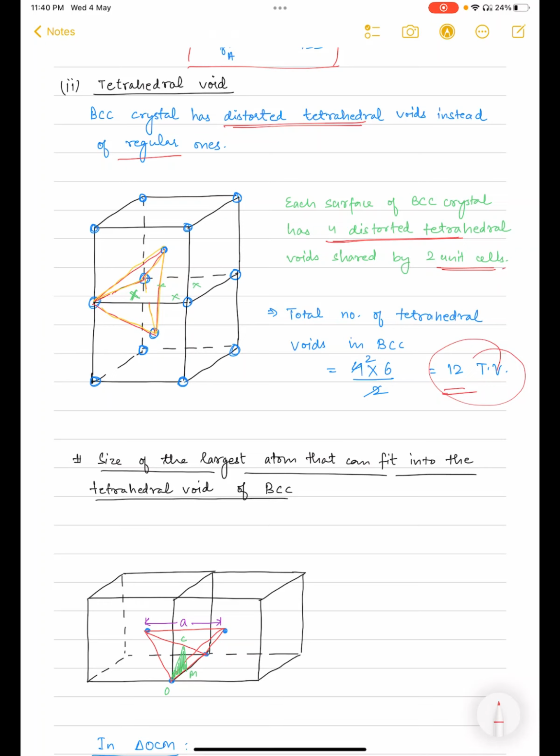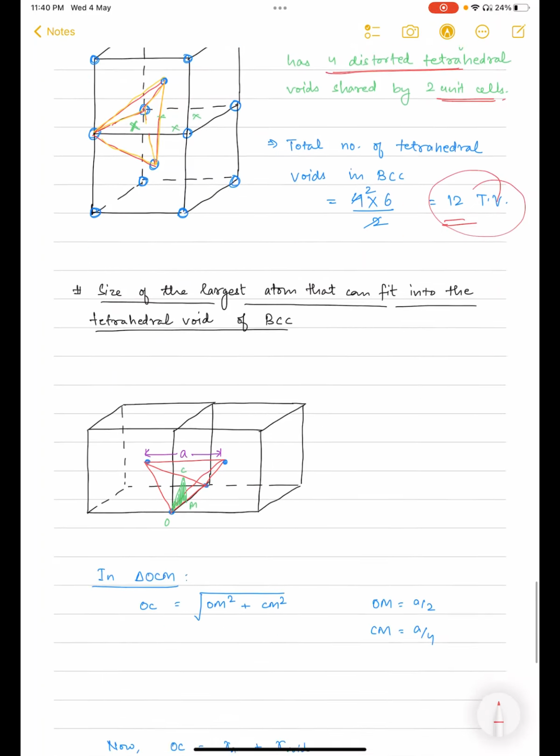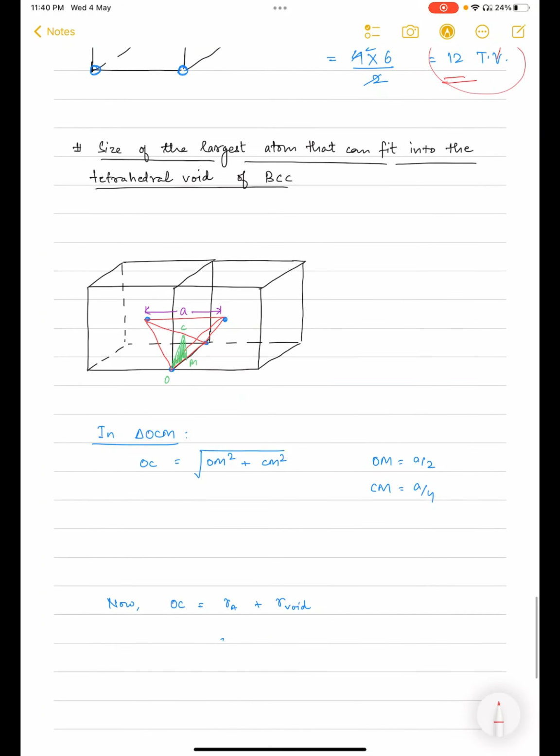Now let us look at the size of the largest atom that can fit into the tetrahedral void of BCC. Let us consider this tetrahedral void formed by 2 body-centered atoms and 2 vertex atoms, as shown in this image. So here, in triangle OCM, shaded in green, OC is given as the square root of OM square plus CM square.